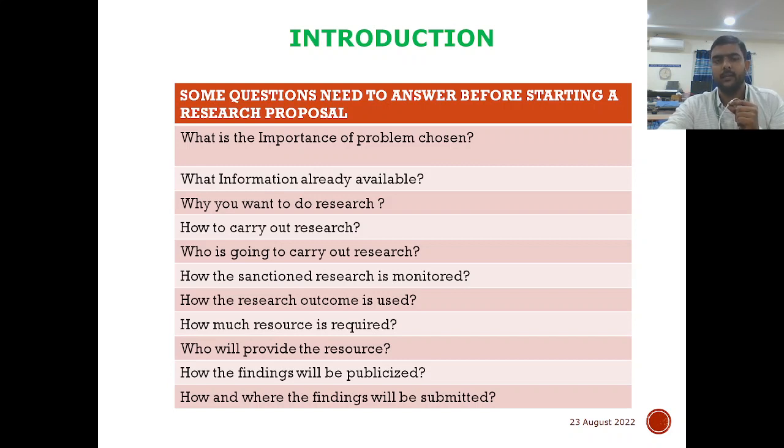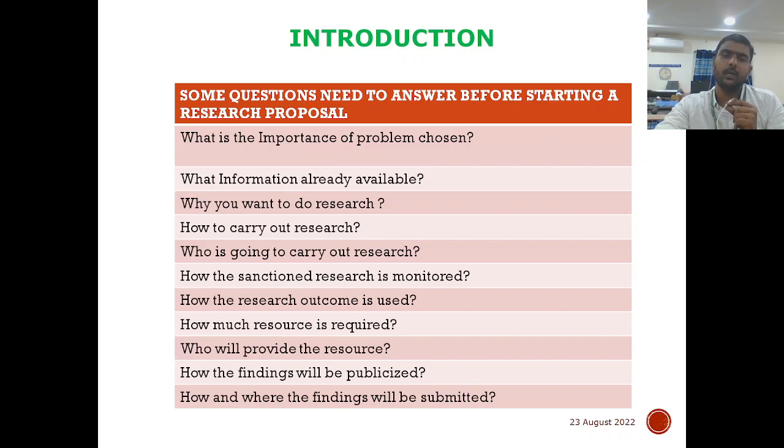You will get many ideas. Now, you need to mention the importance of the problem chosen. Once you are trying to solve some kind of problem, you need to show in the research proposal document the importance of your problem.